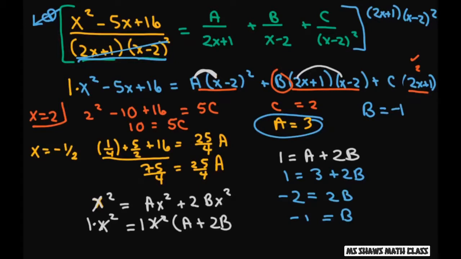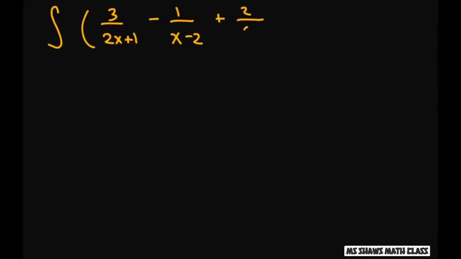Now we can rewrite our integral as the integral of 3 divided by 2x plus 1 minus 1 divided by x minus 2 plus 2 divided by x minus 2 squared dx.